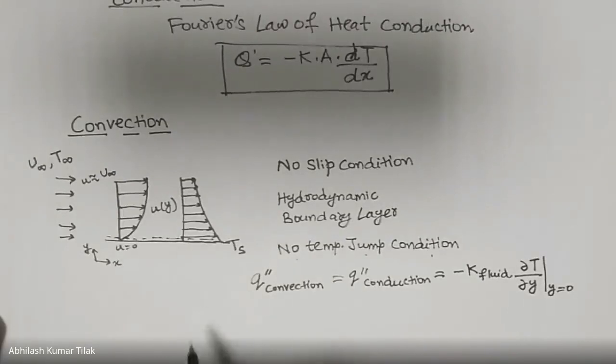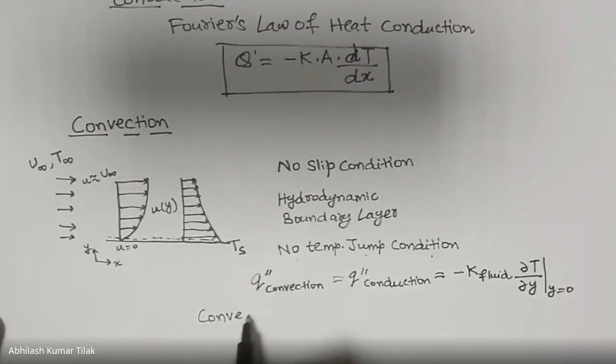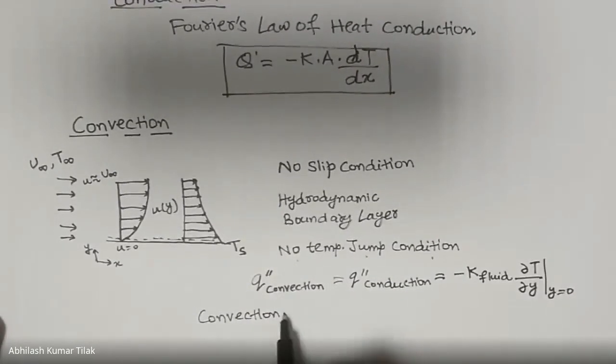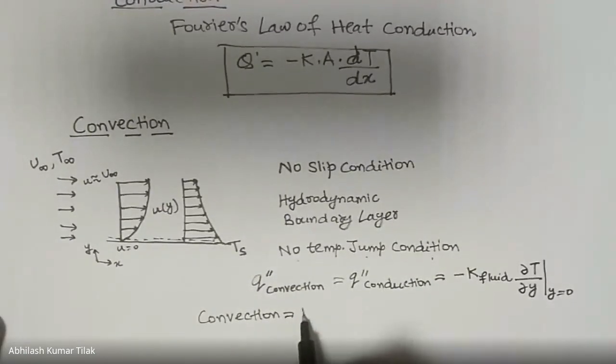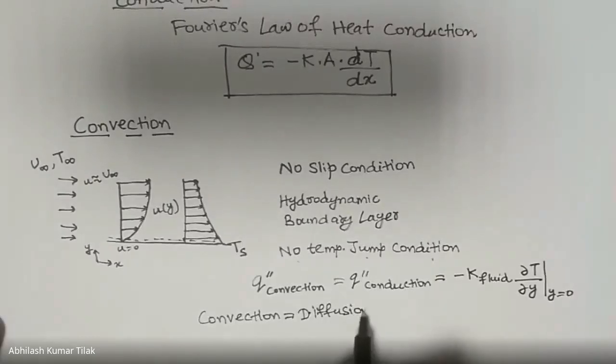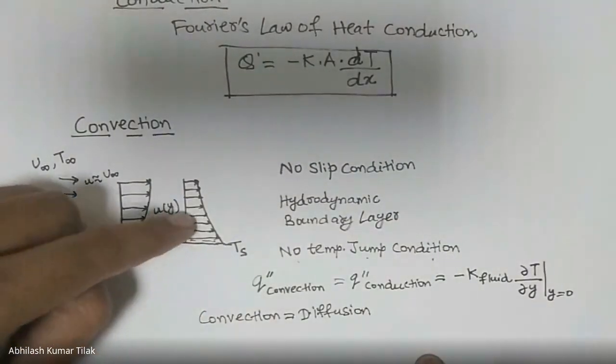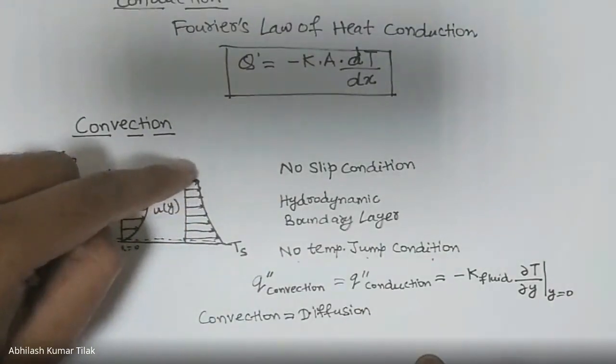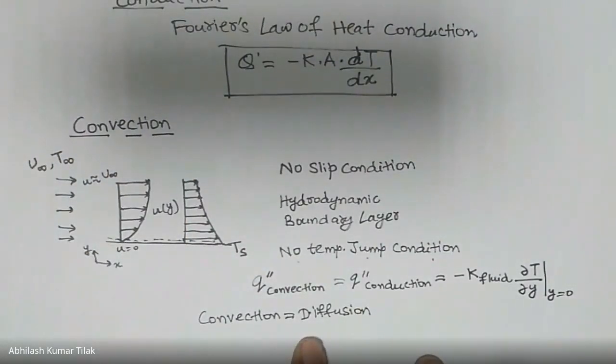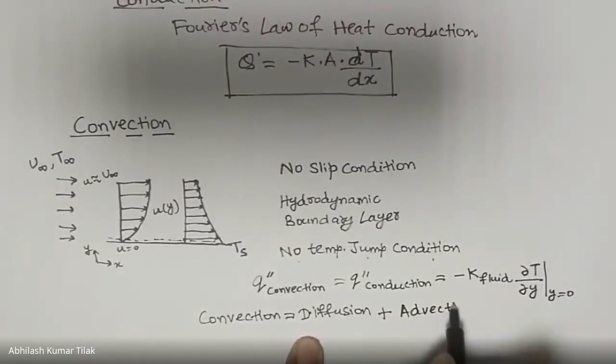So I can say convection is equal to the sum of diffusion, that is the conduction in the fluid. From this fluid layer, heat will also be conducted to the adjacent layers. So there will be diffusion, that is the conduction from the surface to the further fluid layers, plus advection, that is the bulk fluid motion.